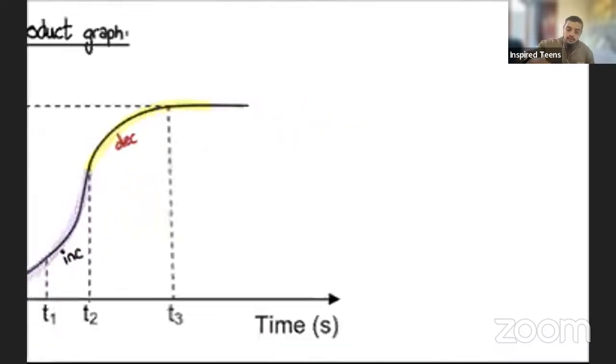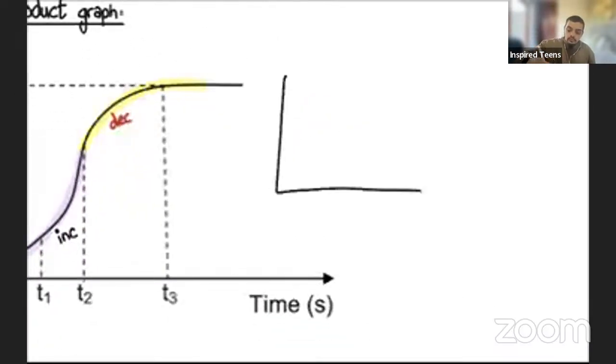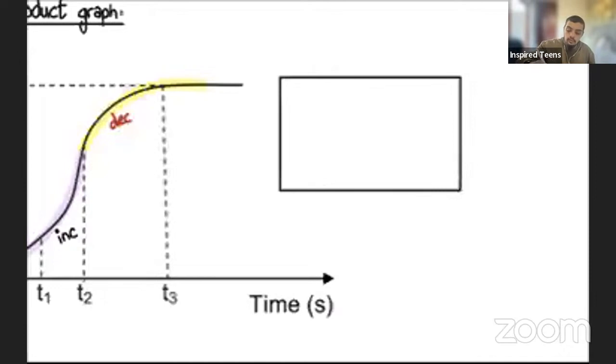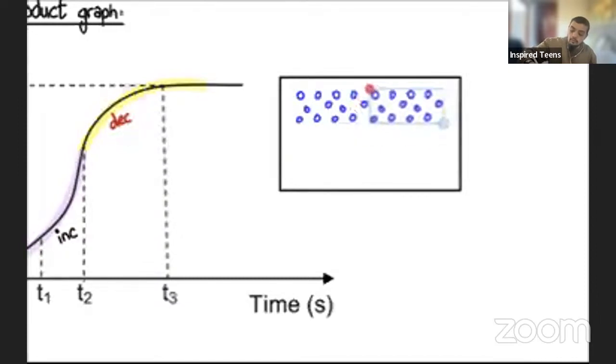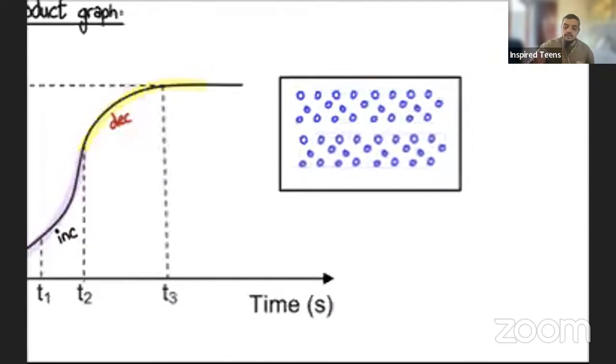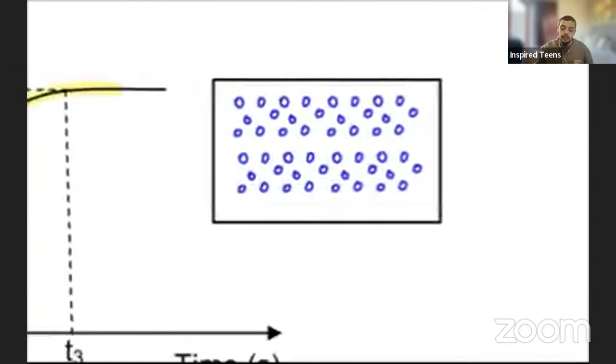So let's try and do that graphically. Let's just say we have this many reactants to react. Once the reaction starts occurring, the reaction rate will be high because there's a high concentration of reactants.